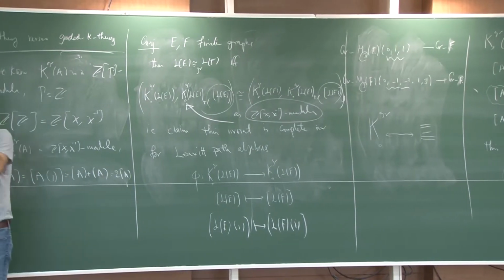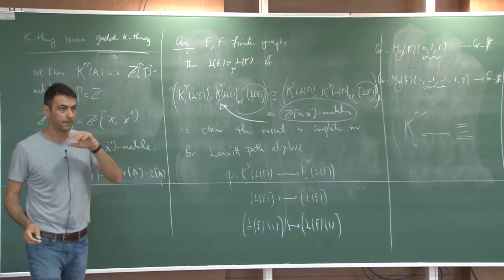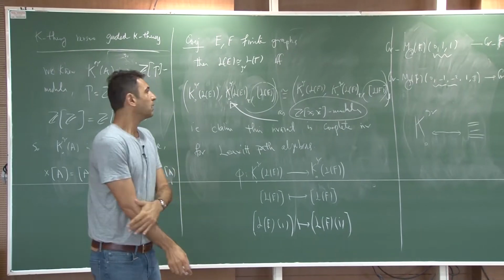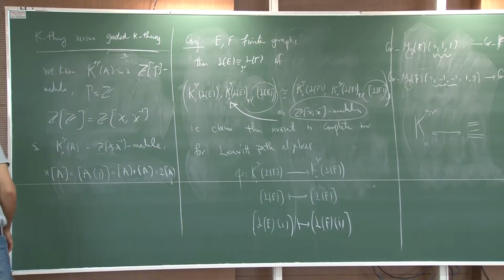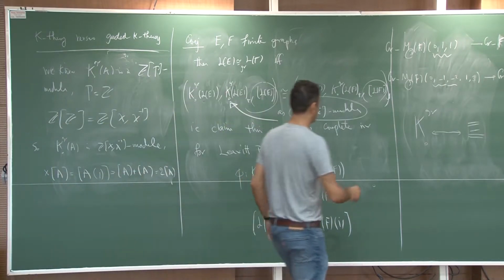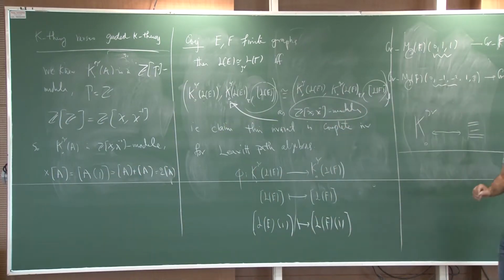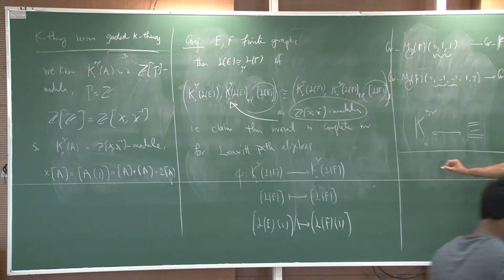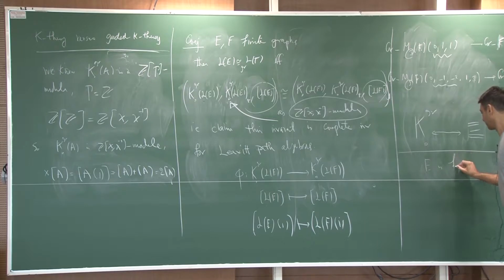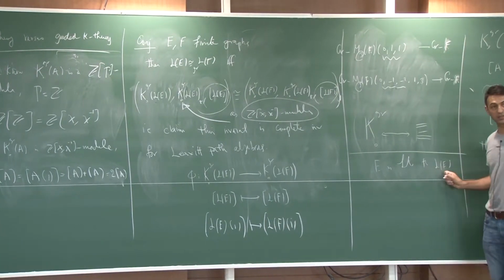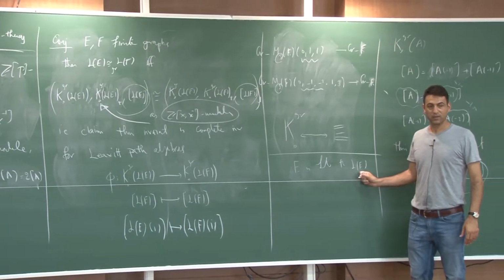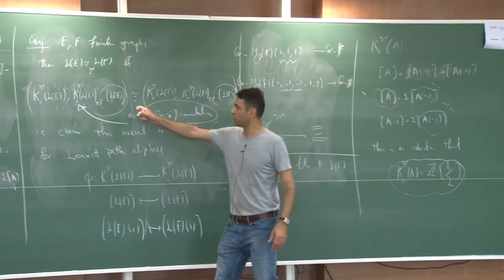Can I ask why you say finite for the conjecture? Oh, okay. That's a good question. The reason is, if E is finite, then the Leavitt path algebra has an identity, and then it makes sense to talk about this.